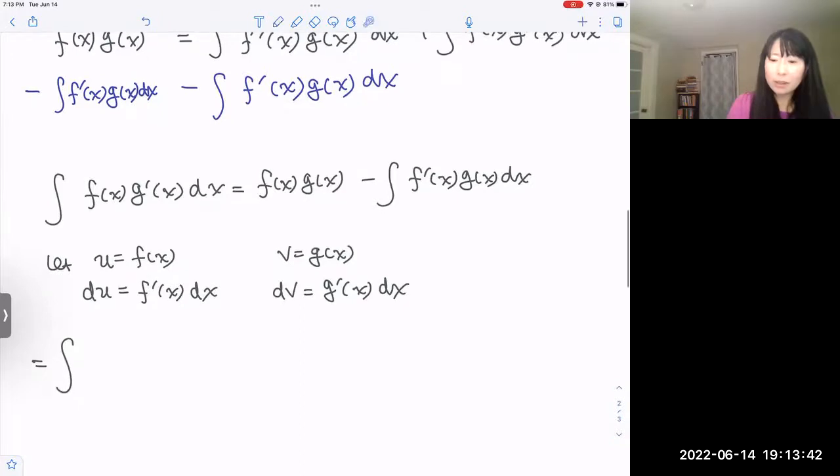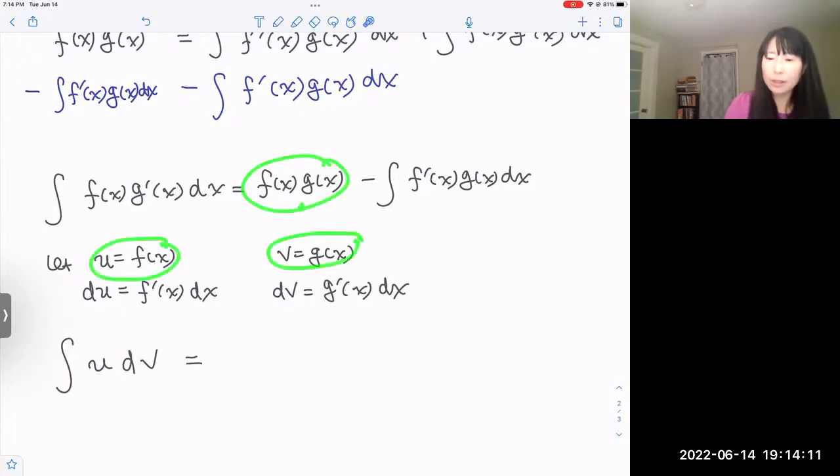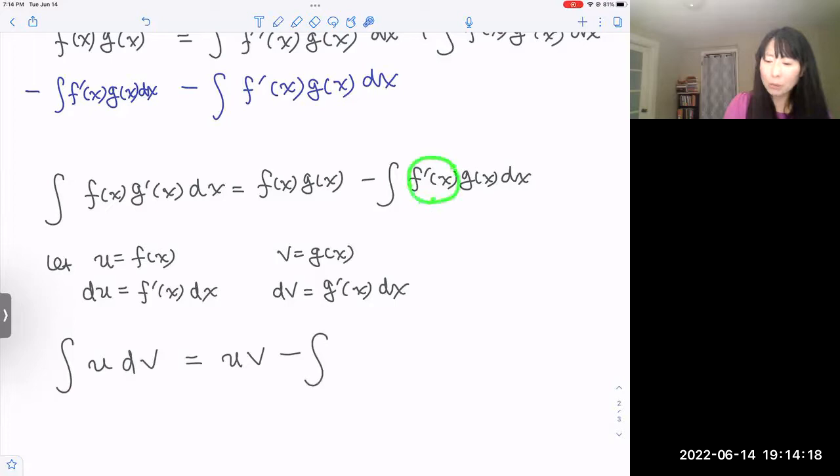So f of x, which is u, g prime of x, which is dv, now f of x, g of x, which is u and v, minus integral of f prime of x, which is du, and g of x will be v.